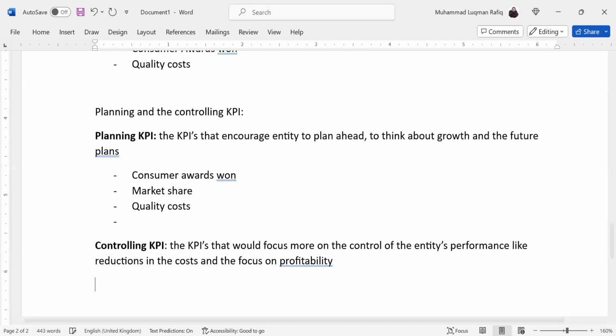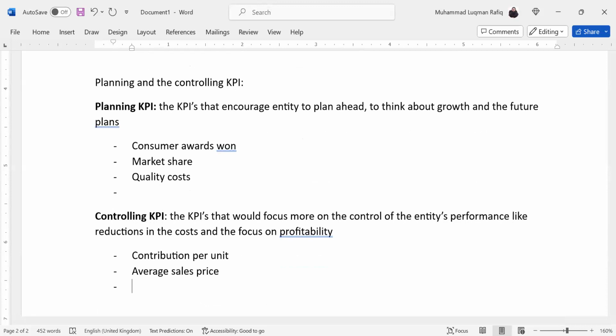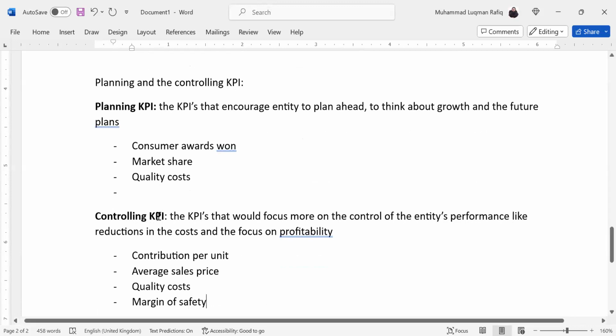With respect to the controlling KPIs, the contribution per unit, average sales price. Quality cost could be both, you're right. Margin of safety, because that actually helps you understand the risk of the entity.